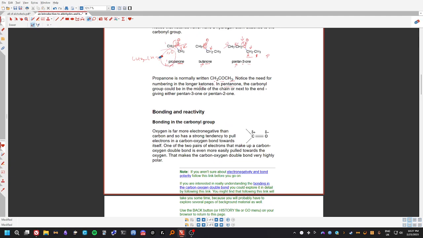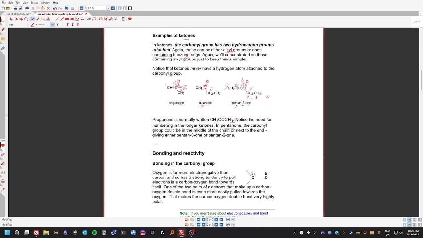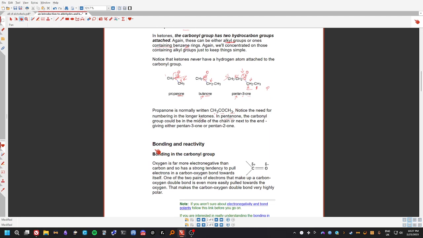This one needs to be bonded to two different alkyl groups, which means that it needs to be in between. Do you understand? In fact, it needs to be a secondary always, because if it was, well, perhaps not.